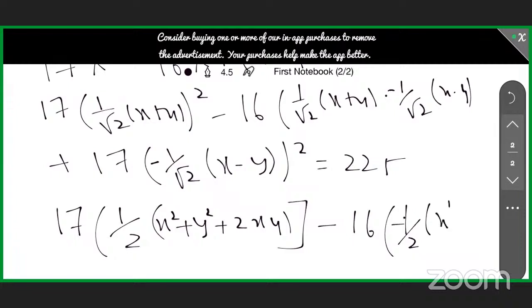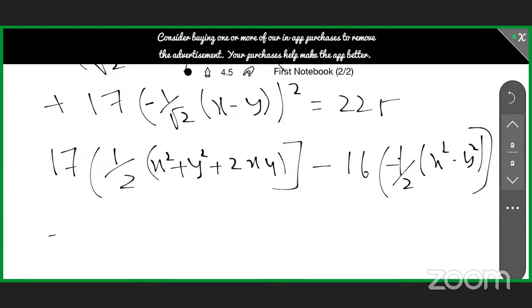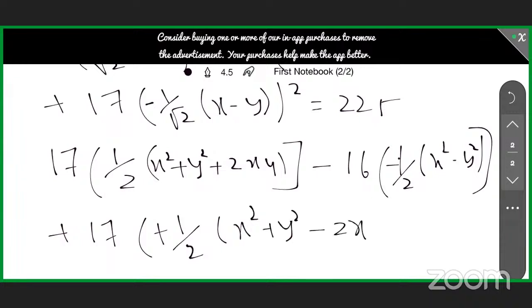So this will become x square minus y square, a plus b into a minus b. Plus 17 into, this minus will become plus again, 1 by 2 into x square plus y square minus 2xy is equal to 225.